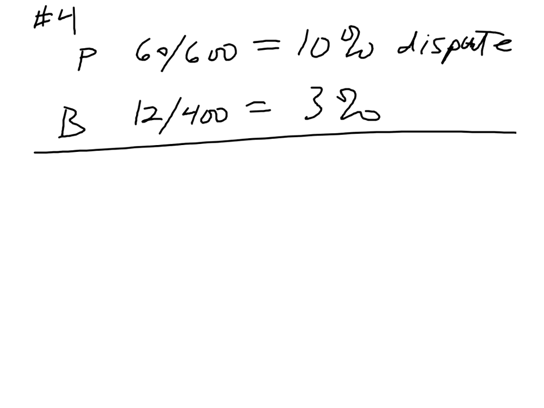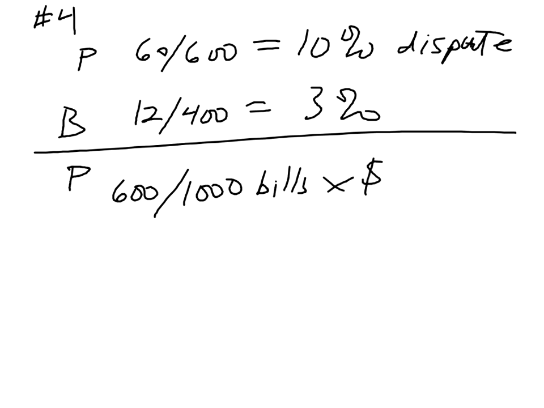Now for part A, it says under the current allocation system, how are the costs going to be allocated? Well, under the current allocation system, the personal line of business is going to get allocated 60%. So there's 600 bills that were issued or prepared by the personal department out of a total of 1,000. So 600 over 1,000, that's 60%.